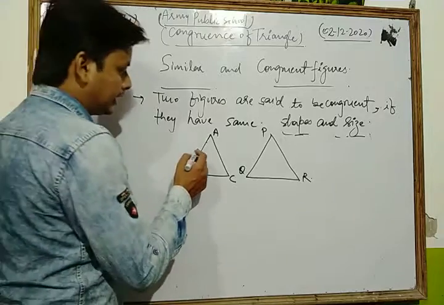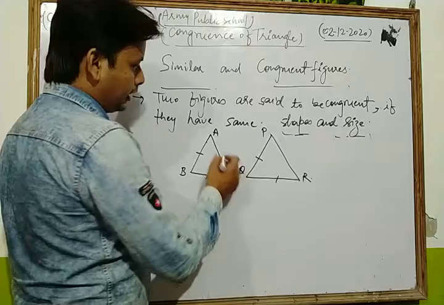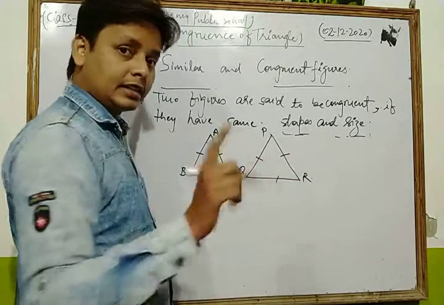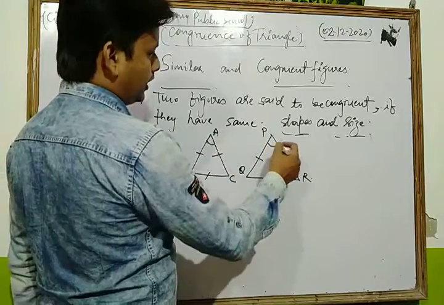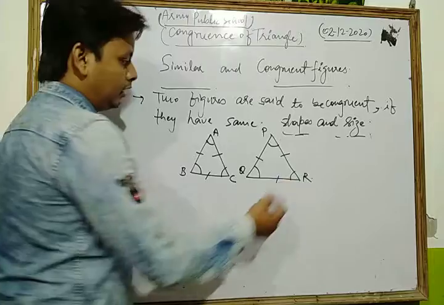Their corresponding sides AB equals PQ, BC equals QR, AC equals PR, and their corresponding angles are also equal. Angle A equals angle P, angle B equals angle Q, and angle C equals angle R.